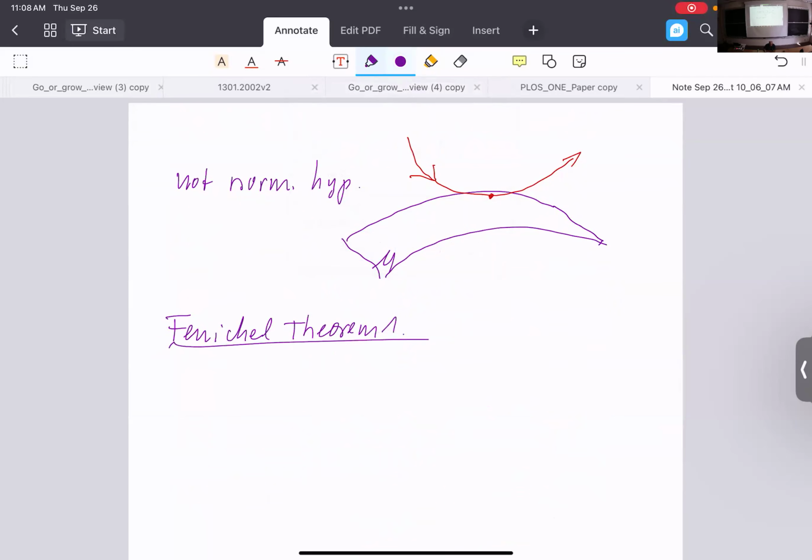So we suppose M0 is normally hyperbolic, as we just defined, and compact.